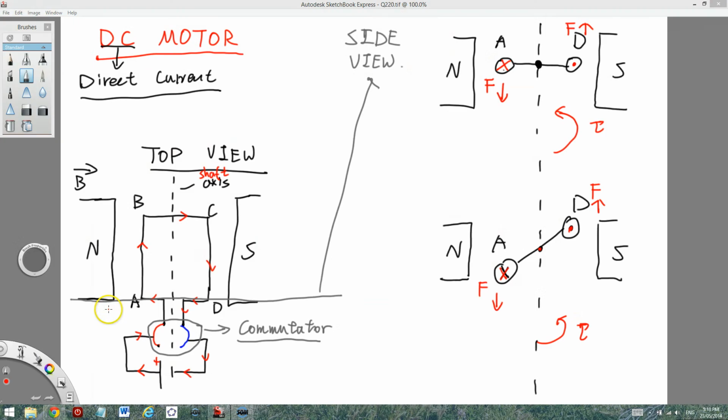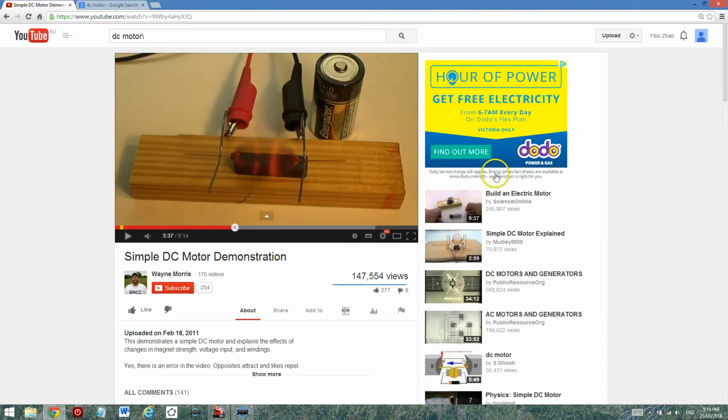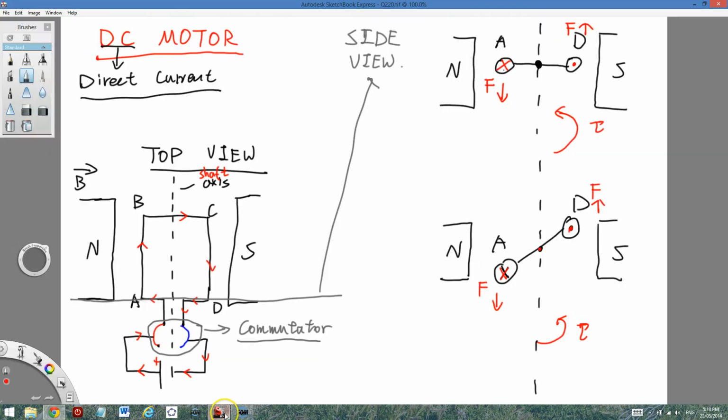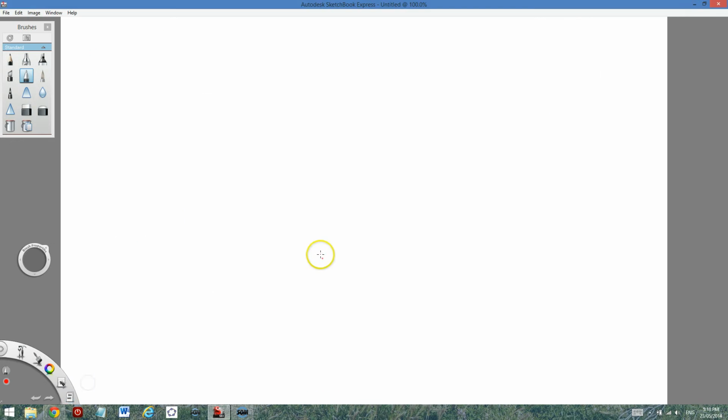So this is how to build a simple DC motor. This build is slightly different from what we introduced, but it just shows you an idea. However, now let's talk about commutators.